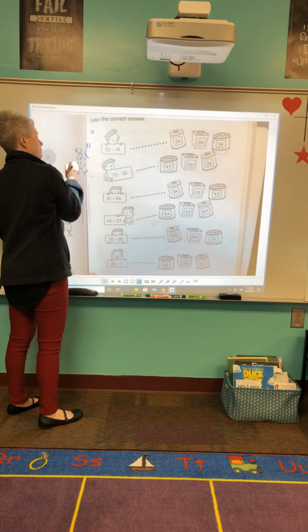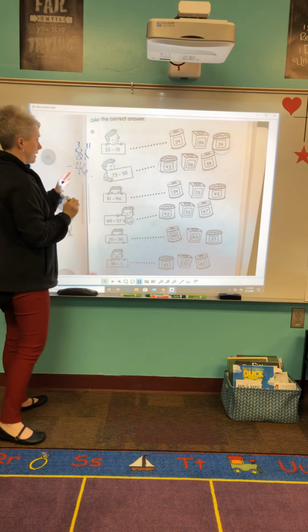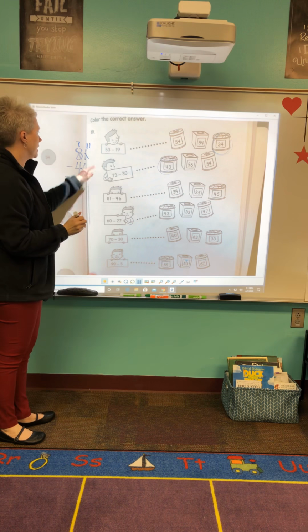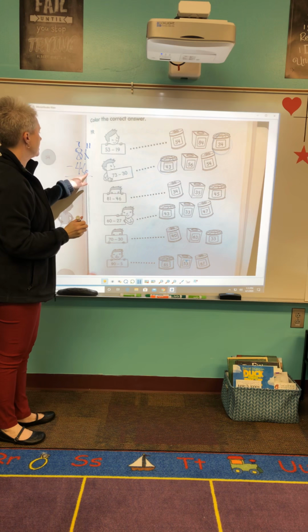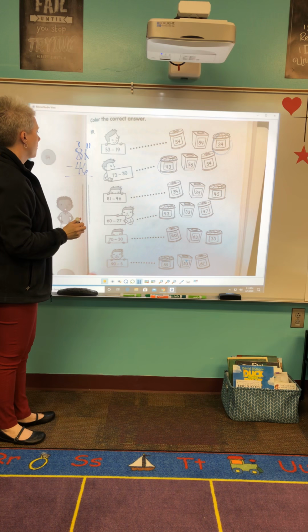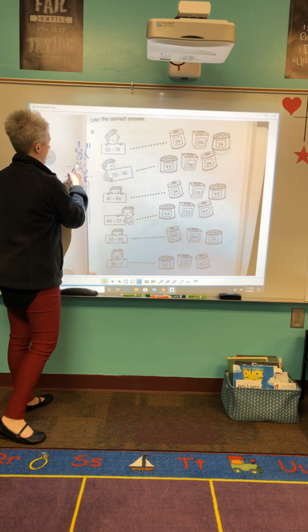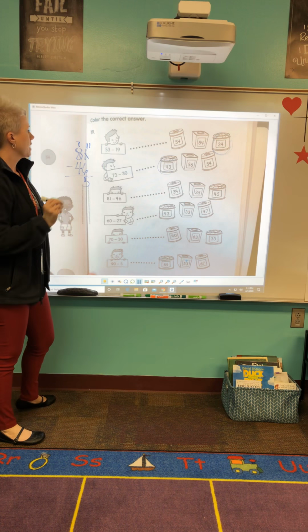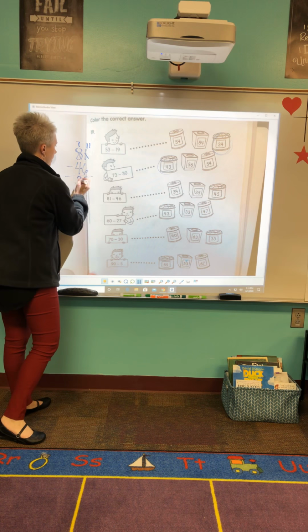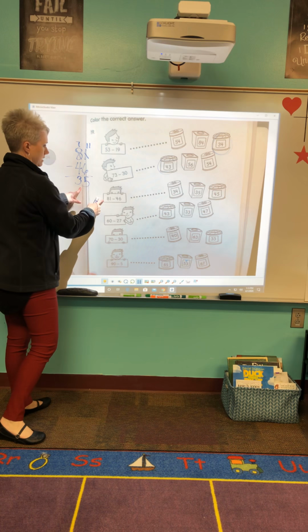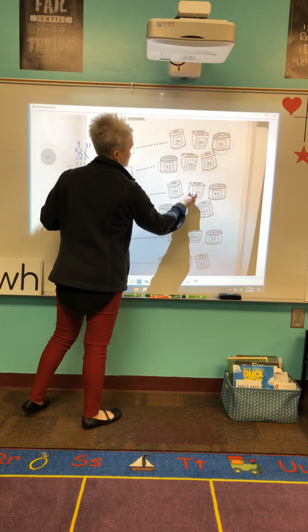The 8 bumps back to a 7. Now can I do the math? I can. 11 minus 6 is 5. Very good. 7 minus 4 is 3. Excellent. 81 minus 46 is 35. And that's this one.